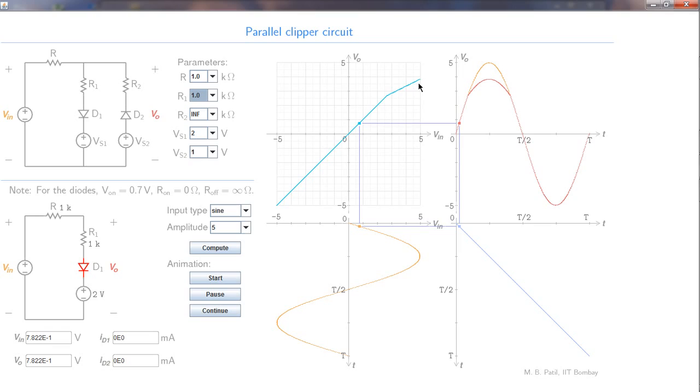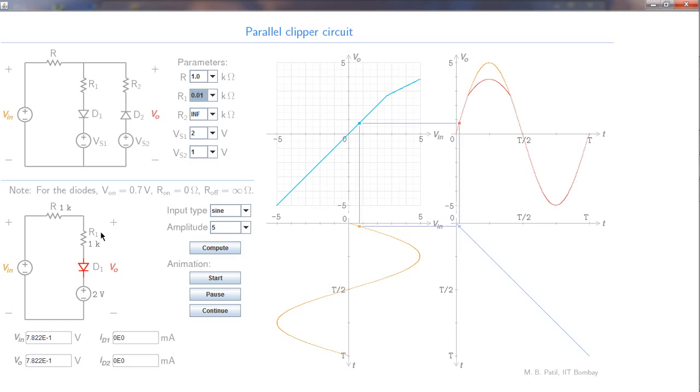Next, let us look at the situation in which Vs1 stays at 2 volts but R1 is made very small, say 10 ohms. So this is 10 ohms now. What would happen now? The breakpoint would not change because we are not changing this voltage, but this slope will change. That slope is given by R1 divided by R plus R1.